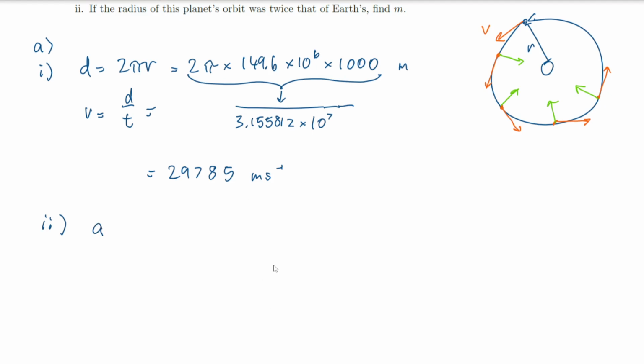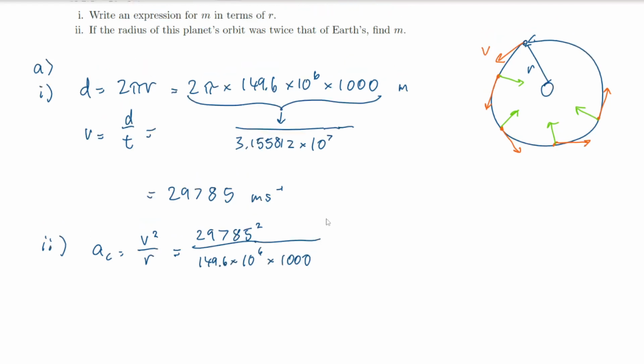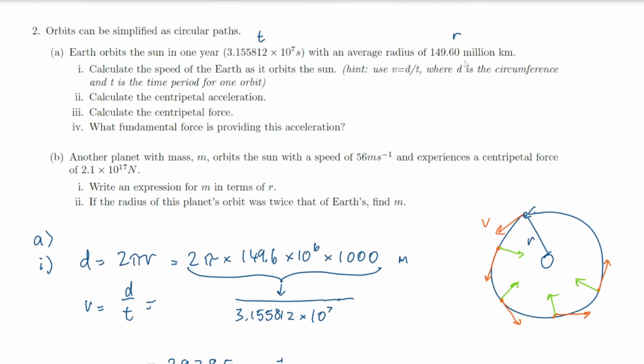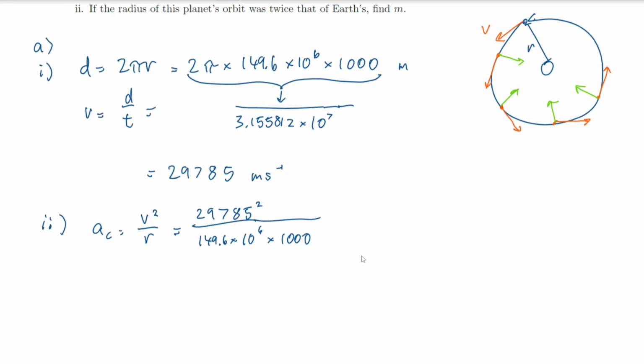So centripetal acceleration is the tangential speed squared divided by the radius. And the radius was 149.6 million kilometers, so timesing that by 1,000.